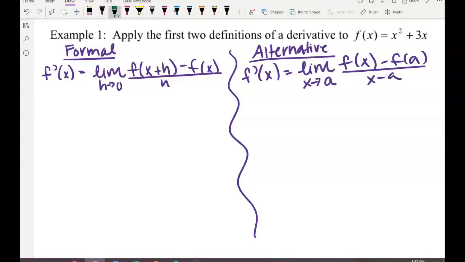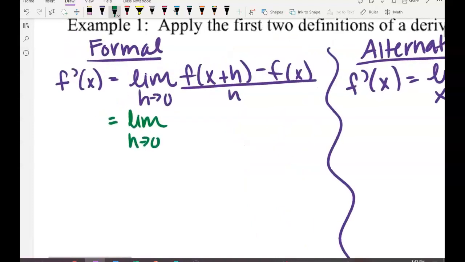Ready? Get set, go. All right, f prime of x equals the limit as h approaches 0. We're just going to focus on this side first. We do want to calculate f of x plus h. As you know, every time we see an x, we want to input x plus h.